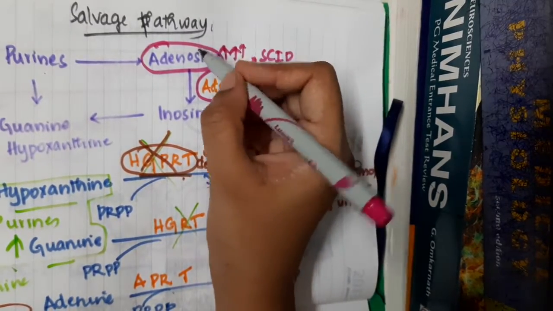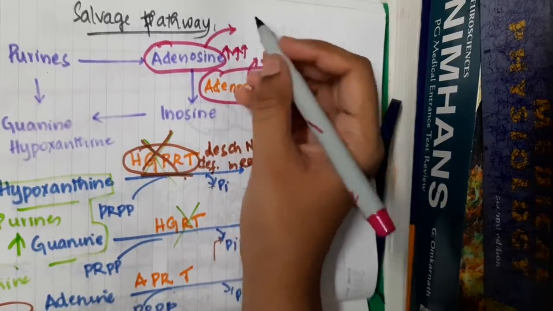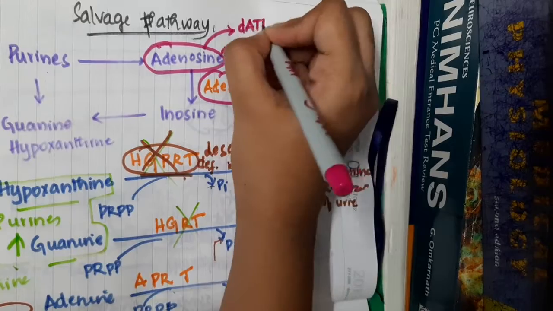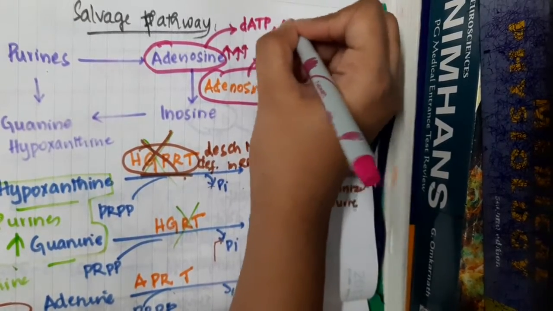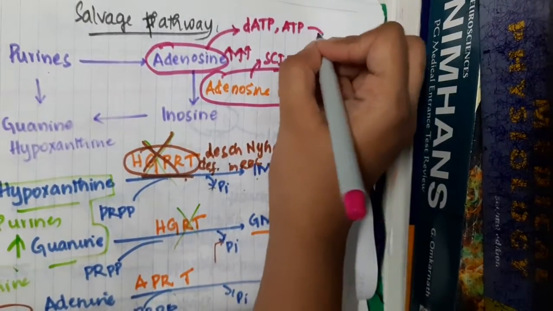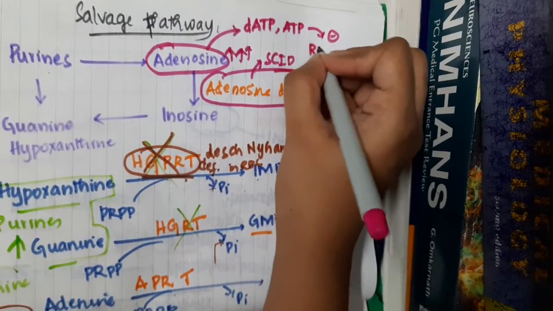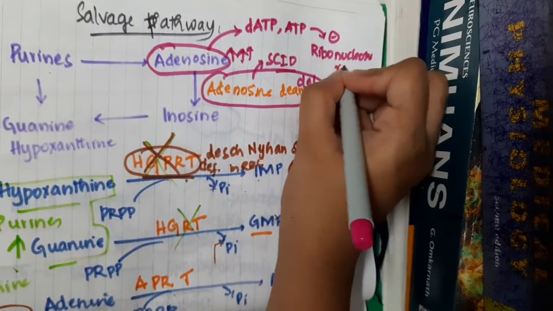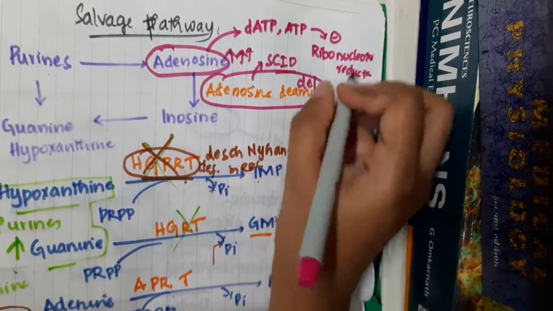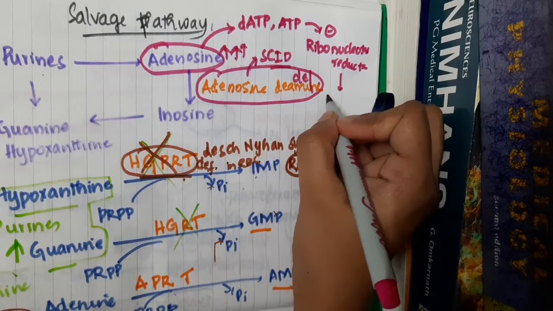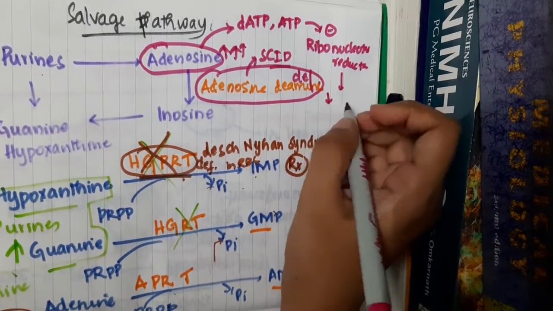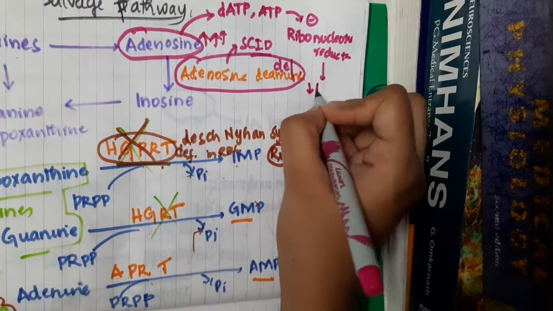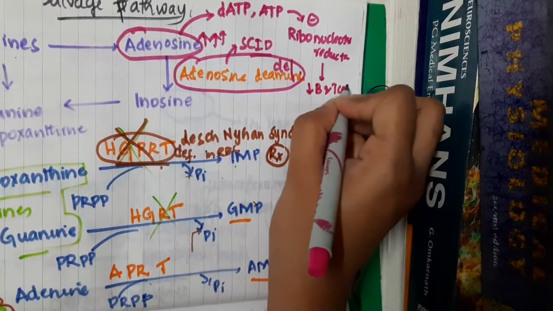As a result, this adenosine will divert to another pathway where deoxyadenosine triphosphate, or dATP, will form. These will inhibit the enzyme called ribonucleotide reductase. Because the ribonucleotide reductase is inhibited, this will decrease all deoxyribonucleotide production, and as a result there will be decreased B and T cells.